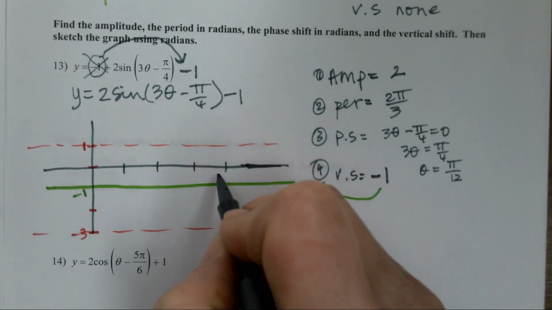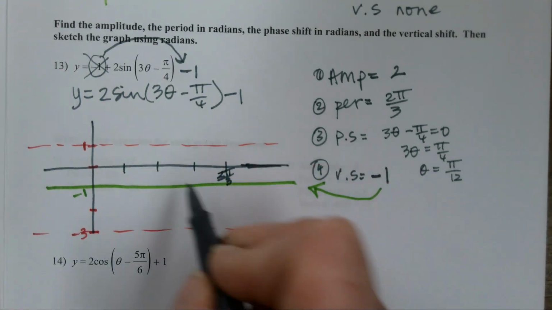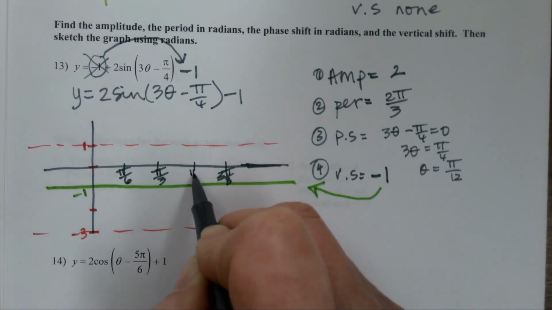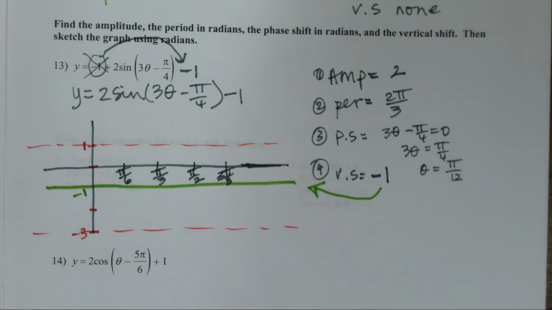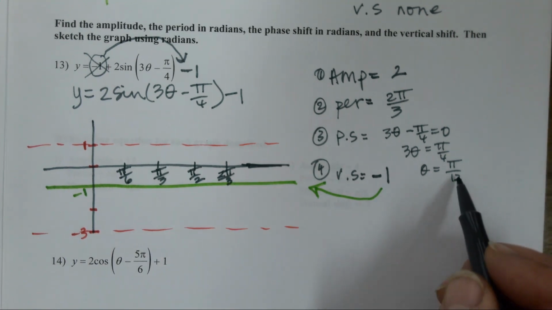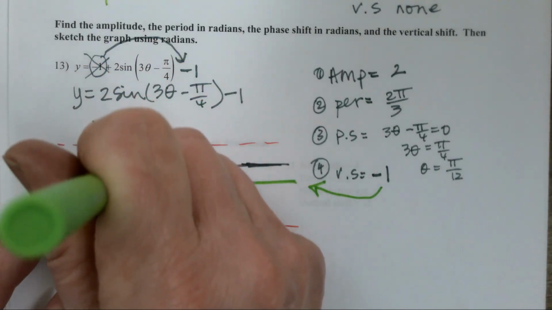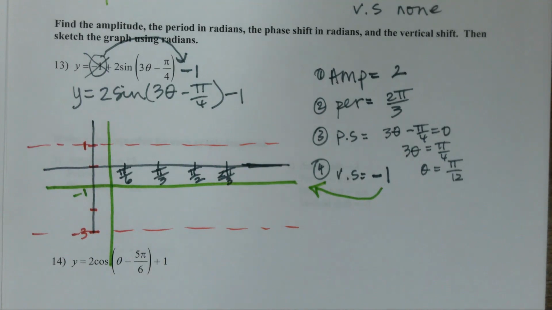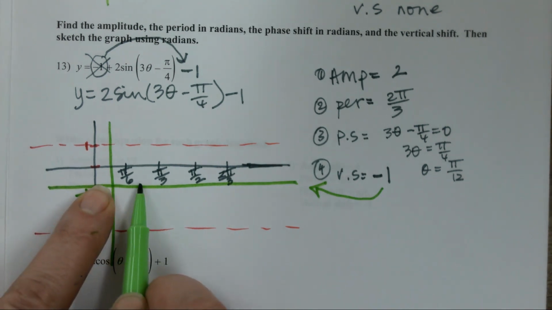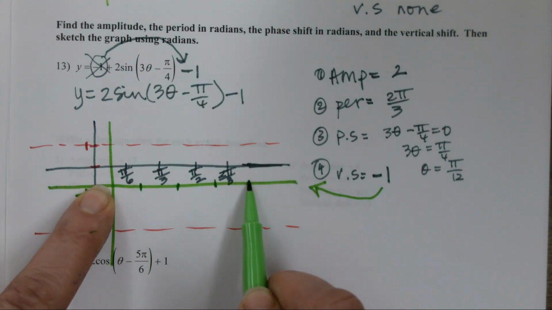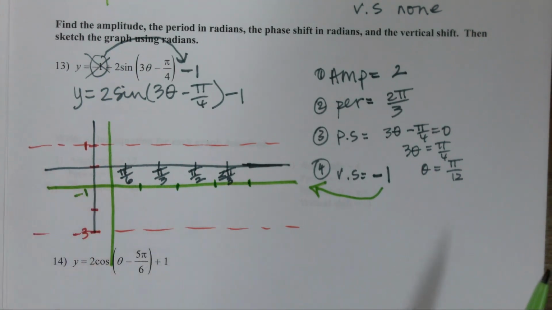So this is 2 pi over 3, pi over 3, pi over 6, brings me to pi over 2 on that last one. My shift is pi over 12. So pi over 12 is between 0 and pi over 6. And then all of my new tick marks are going to be between the originals with one additional to make up for the shift.